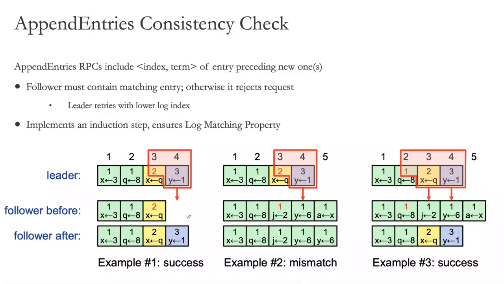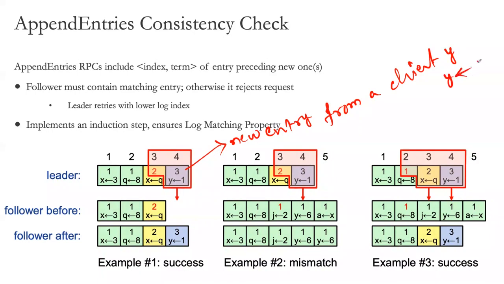Okay, so from this it says that when there is a leader trying to send a request to the followers for appending a new entry, which is this new entry from a client, your y, that entry is y is equal to 1.